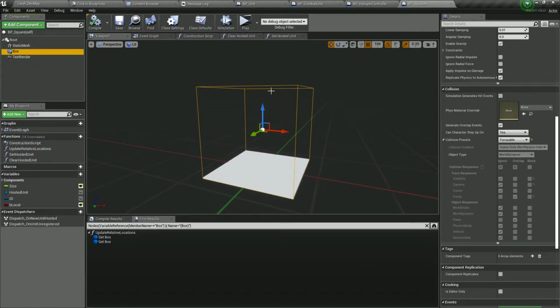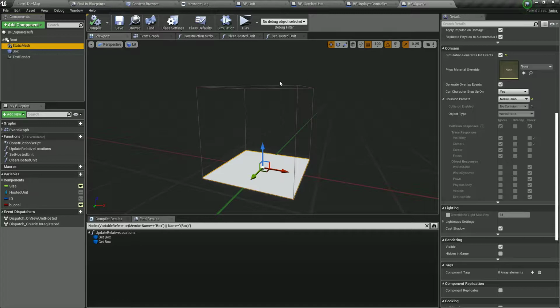Okay, if we said this is not focusable. Oh yeah, of course, because this is the channel units are using to find this square, so we need to say that this is focusable. We don't care about this. So the static mesh here is indeed going to be custom and block the cursor.